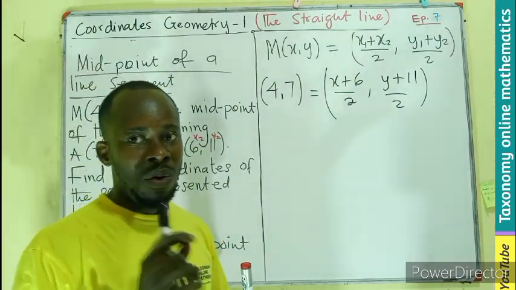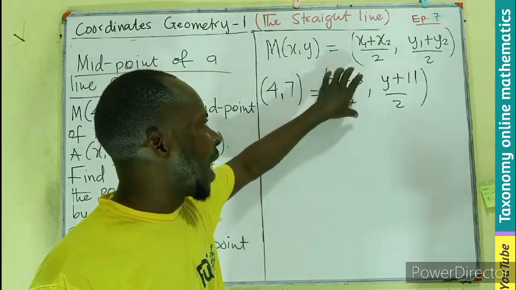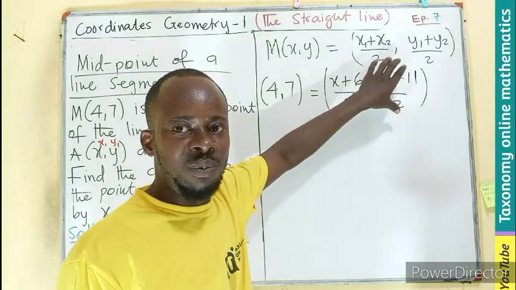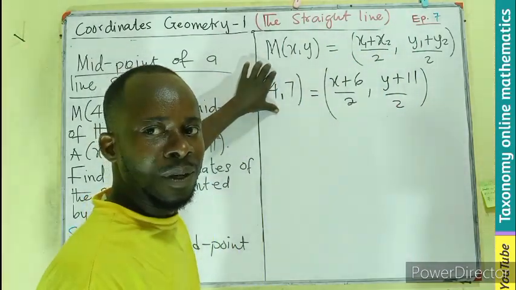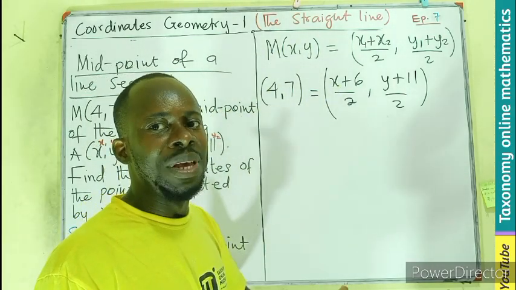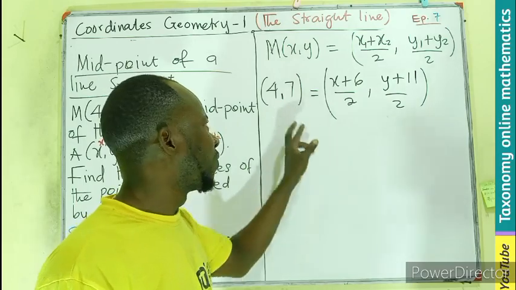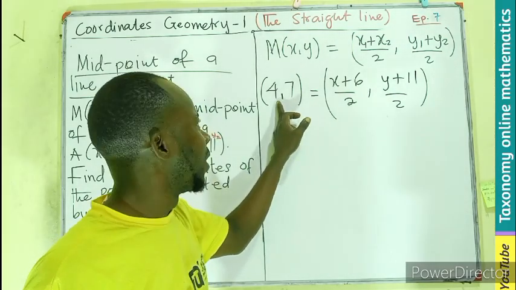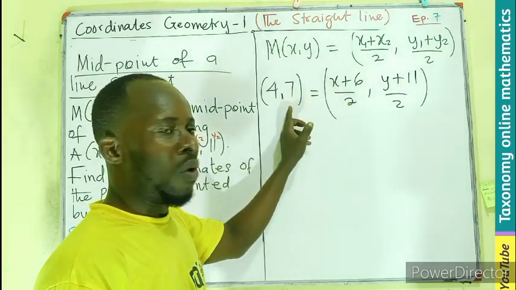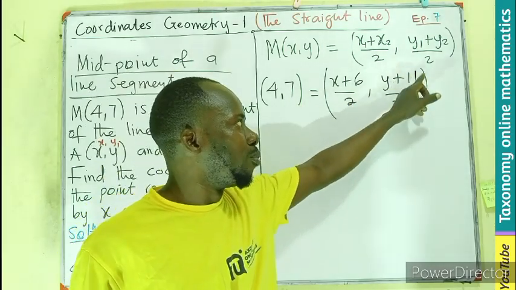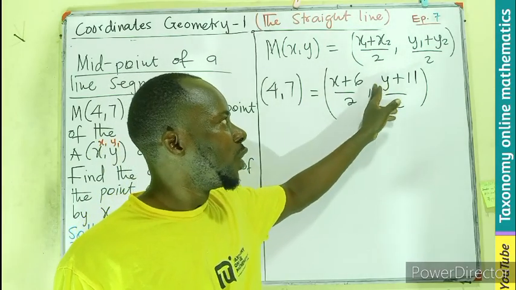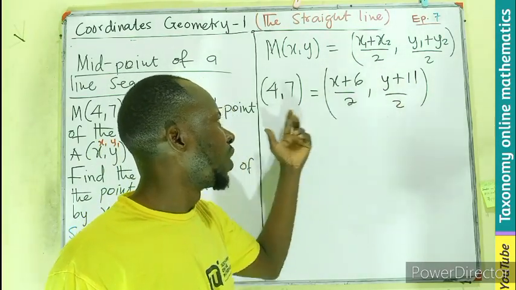Now, the answer we are looking for is the x coordinate and y coordinate, which has been given in the question already. If we were to find the midpoint of A and B, we will arrive at 4 for the x-axis, meaning 4 is the same as whatever is here. You will get 7 on the y-axis, meaning when you compute this, you must get 7. You can think of a number you add to 11, divided by 2, to give you 7.